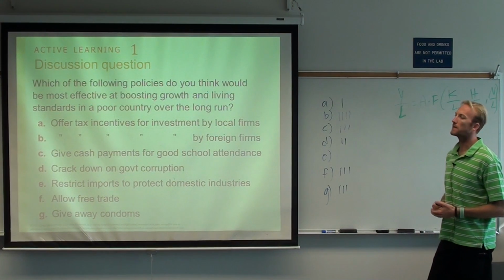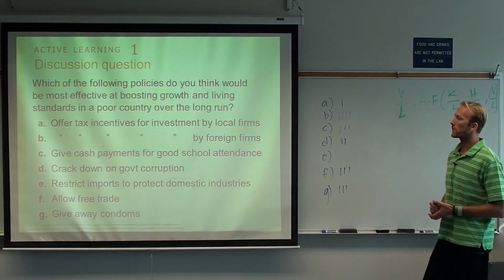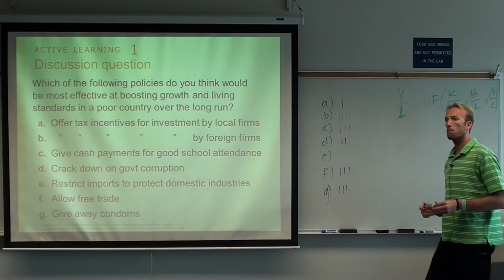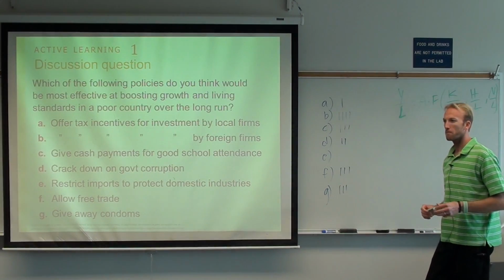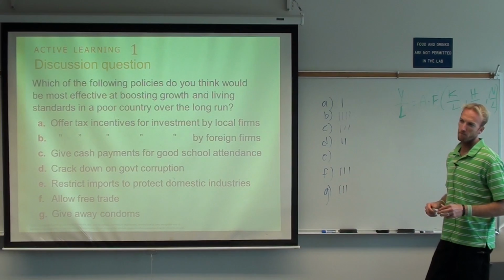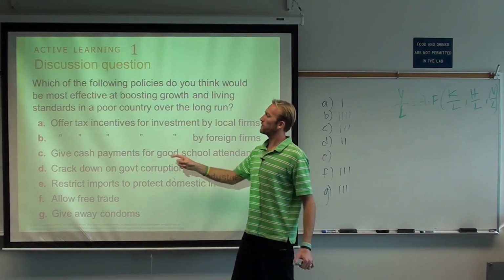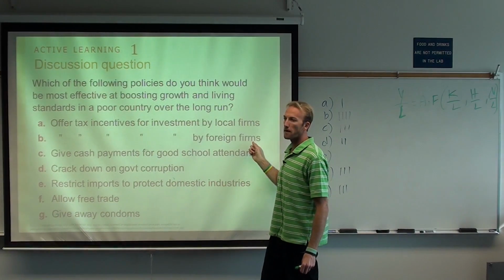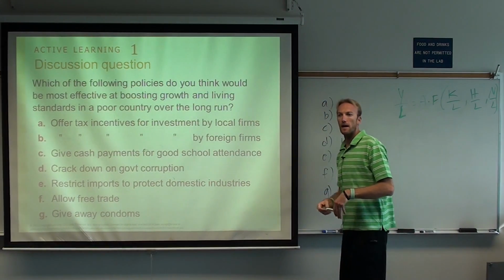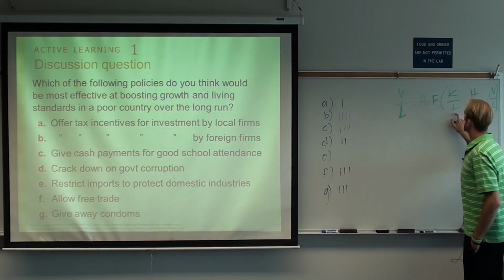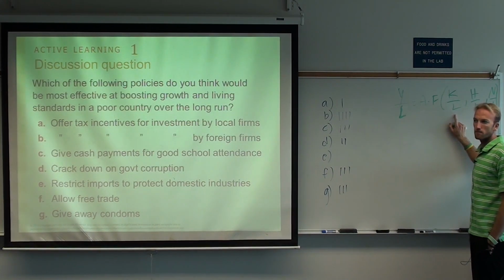Someone tell me why you voted for B. Well, in much the same way, if you offer incentives for investment by foreign firms, they'll pour money in and they will increase K over L, right?